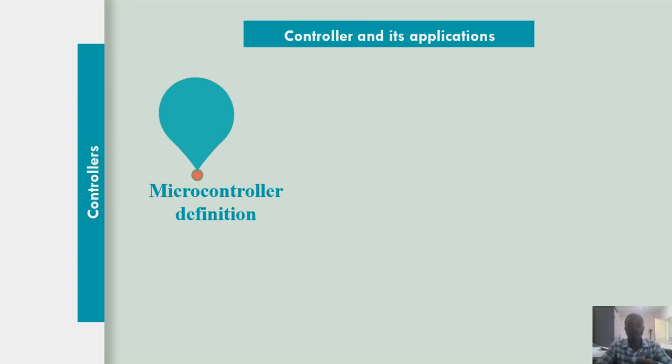But in this presentation, we are going to look at Arduino Uno, which is a microcontroller board based on the ATmega328P, and it's used in security alarms.